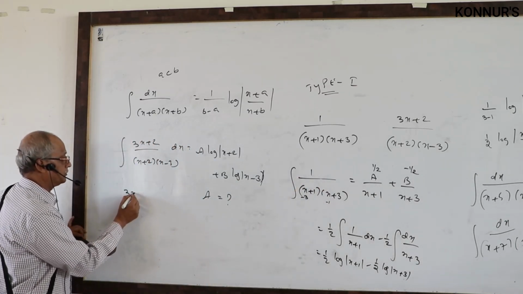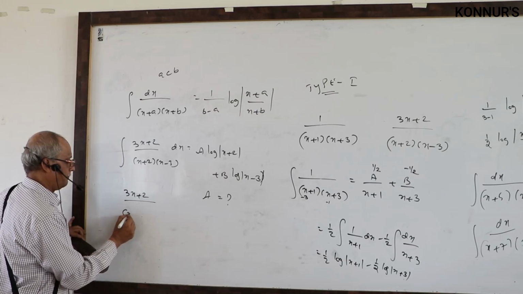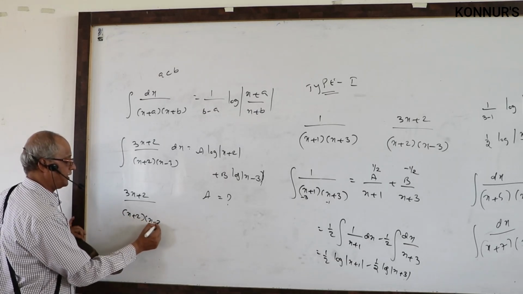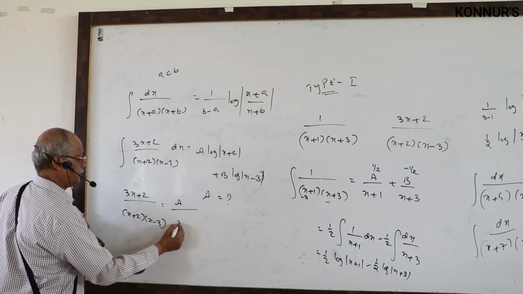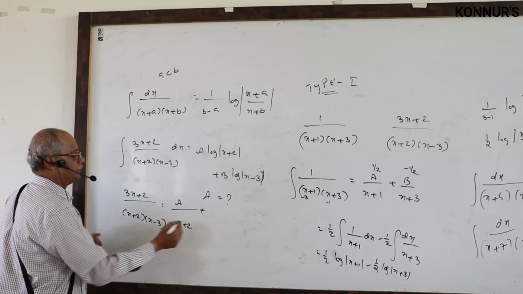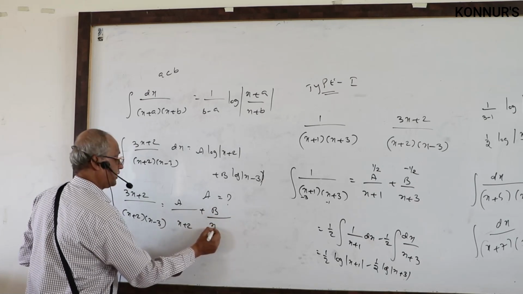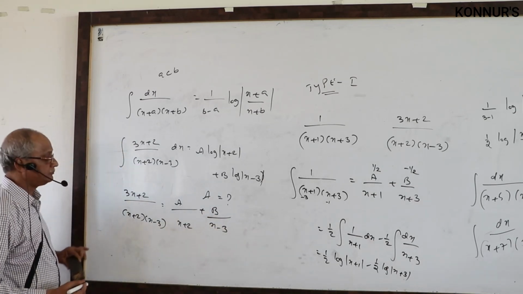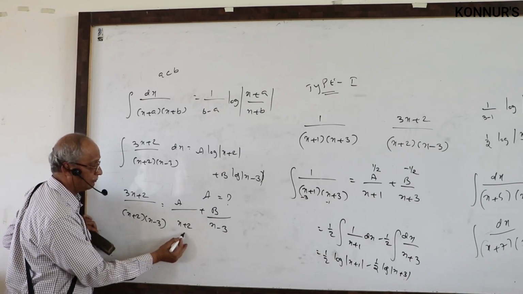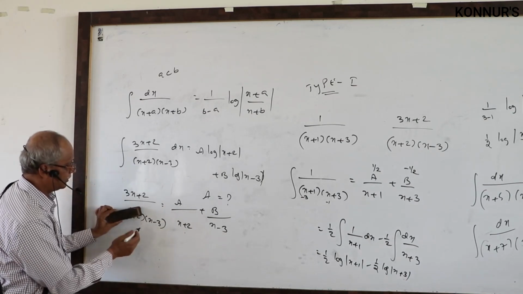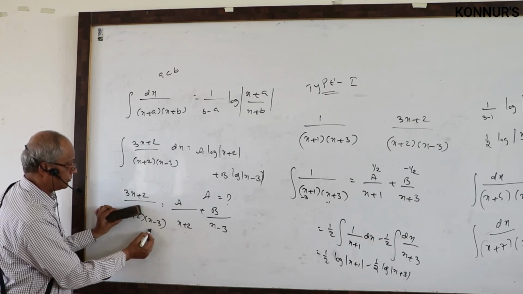How will you write first? 3x plus 2 by x plus 2, x minus 3 equal to a by x plus 2, b by x minus 3. How to get the a value? When it is 0, minus 2. Except this one, this factor you write here minus 2.